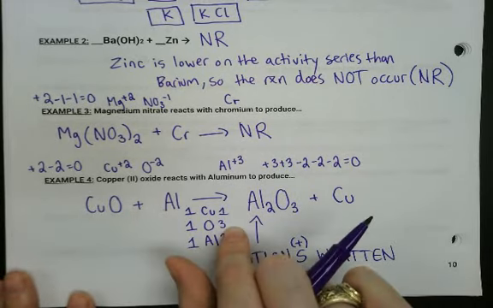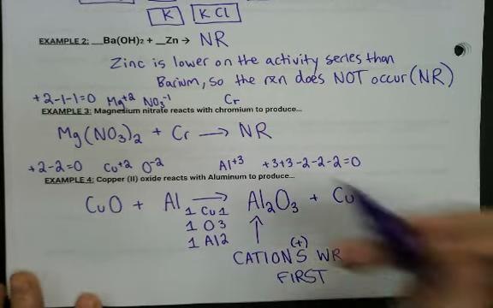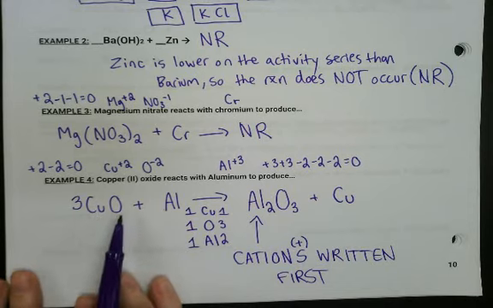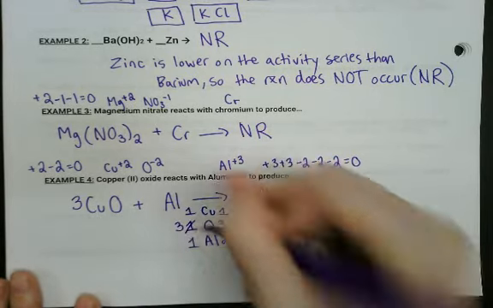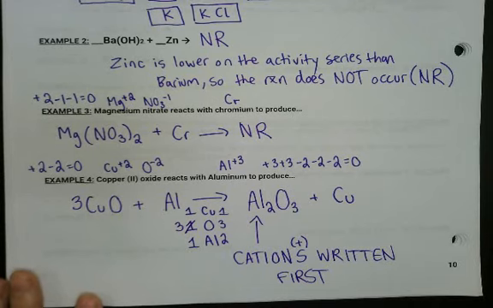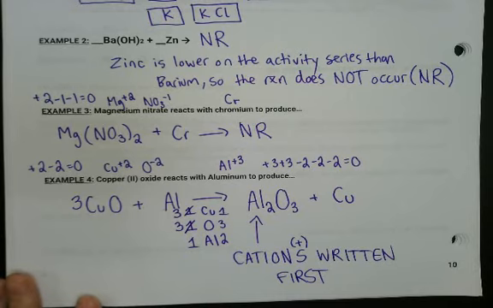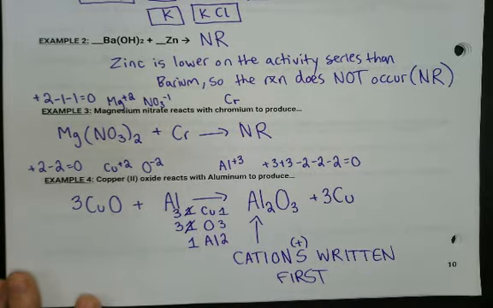So I want to make sure I'm equal on both sides. I'm going to go ahead and put a 3 in front of my copper oxide to increase my number of oxygen on my left side to 3. But in doing that, I have also increased the number of copper to 3. So I'm going to come over to my right side and put this 3 in front of my copper.